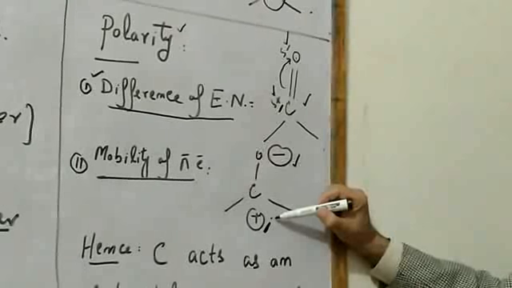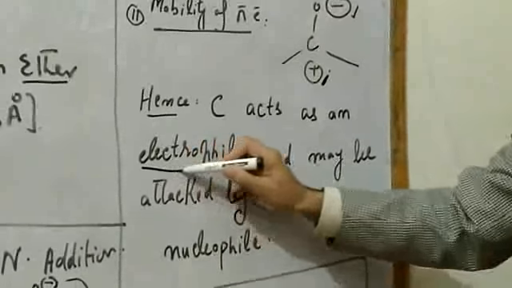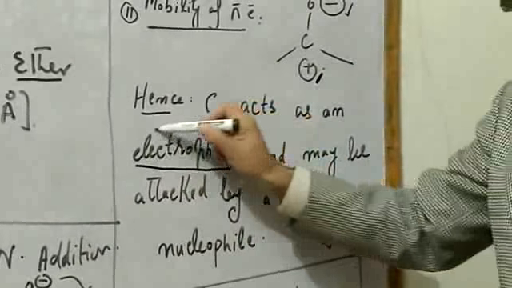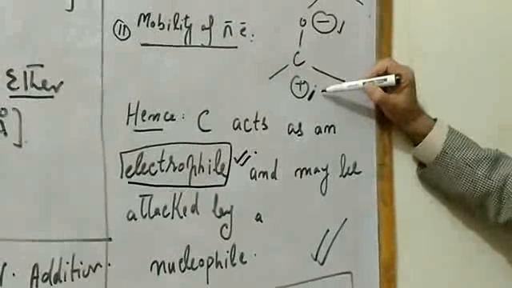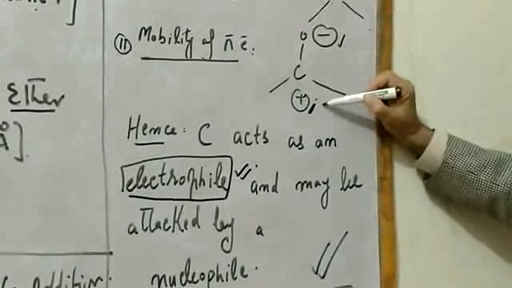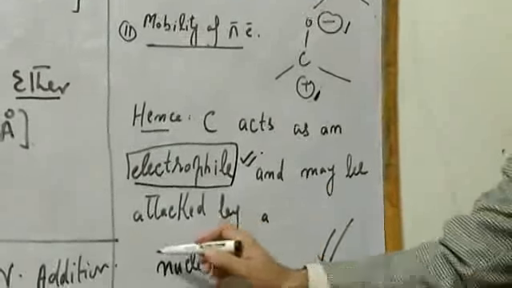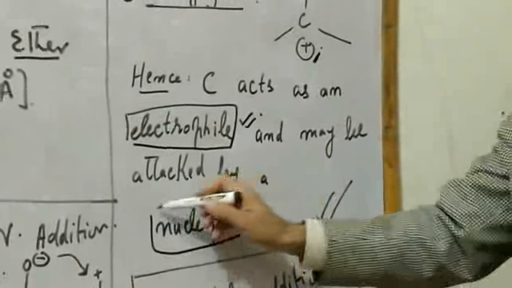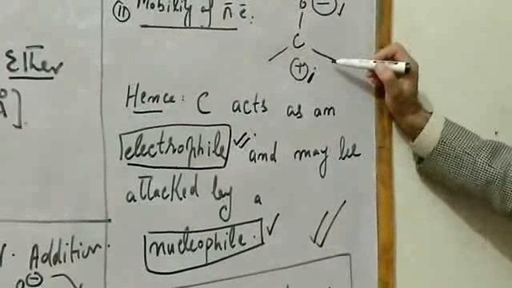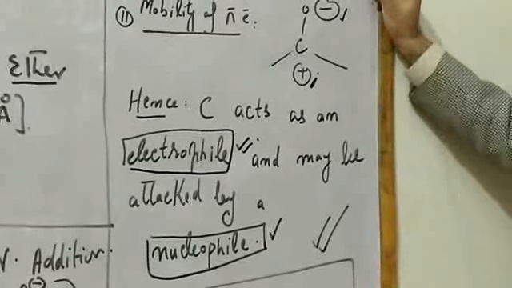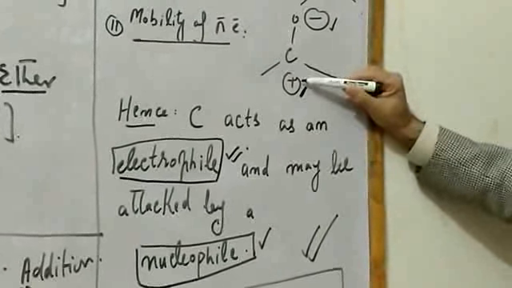Due to this positive charge on carbon, it acts as an electrophile. And if it is an electrophile, then it will definitely be attacked by a nucleophile, whether due to partial positive charge or complete positive charge.